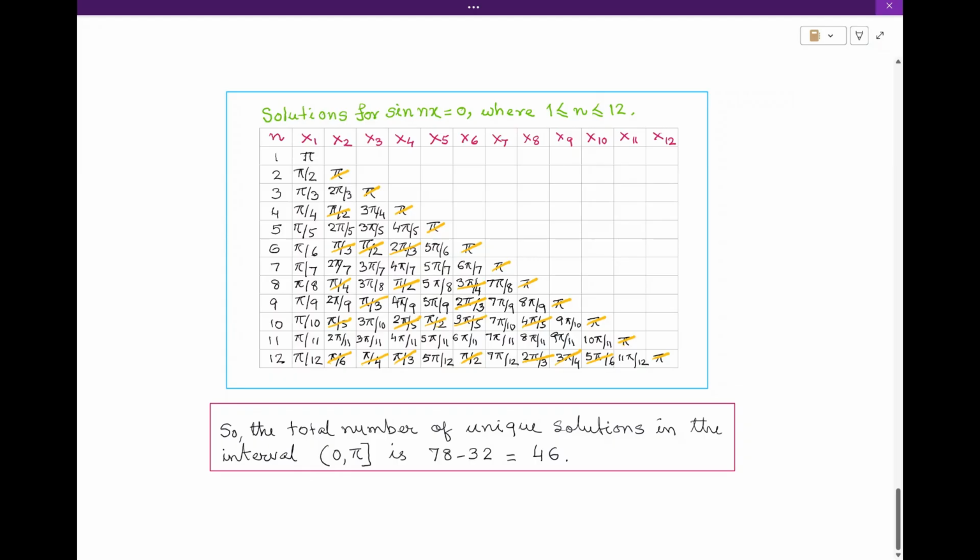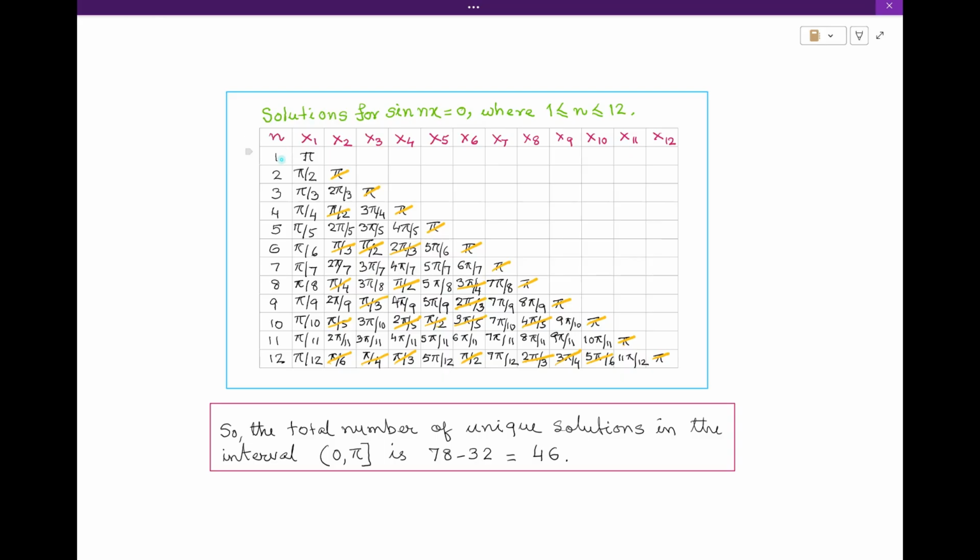Now, we have given the table here for sin nx is equal to 0, where n is between 1 and 12, both 1 and 12 included. So, n is on the left hand side 1, 2, 3, 4 up to 12, and x1, x2, x3, x4, etc. up to x12 are the possible solutions for those values of n.